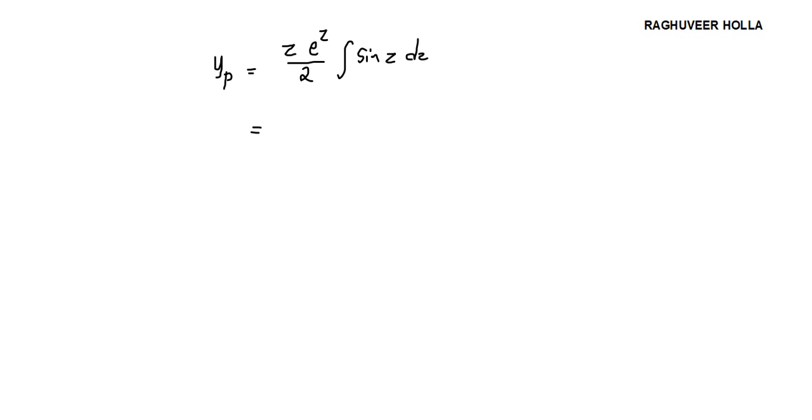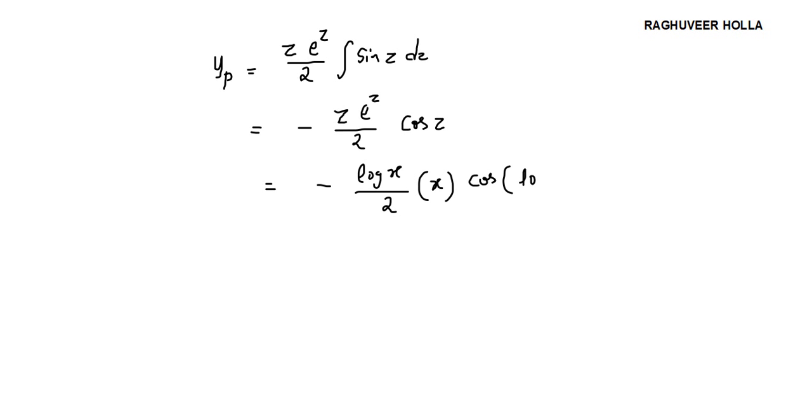So let us put this: z e to the power of z divided by 2 into cos z with a minus, so this would be minus log x divided by 2, multiplied into x, into cos of log x, right?